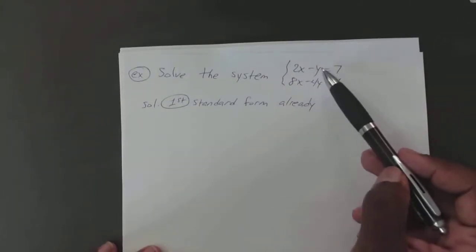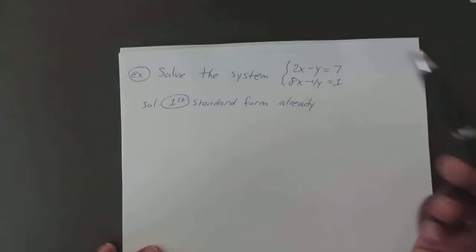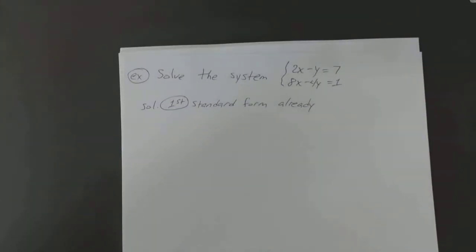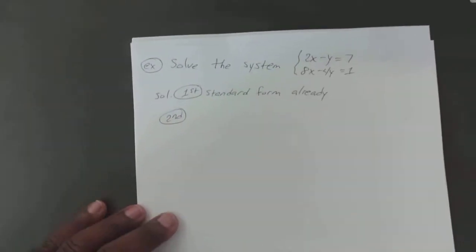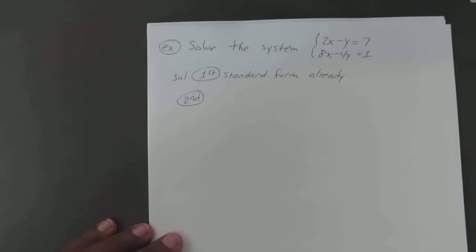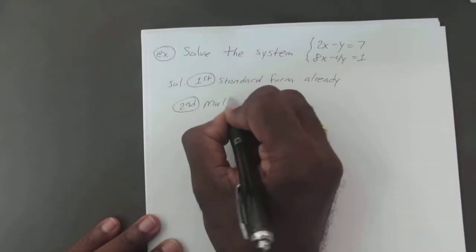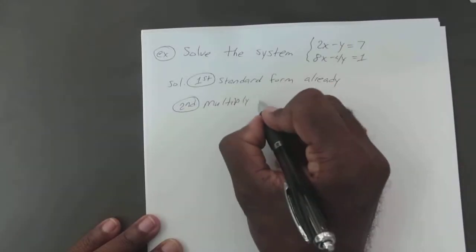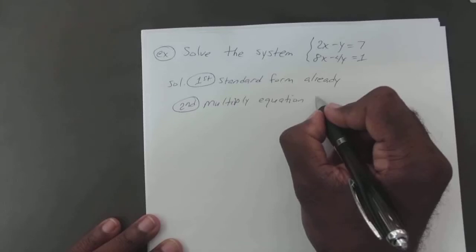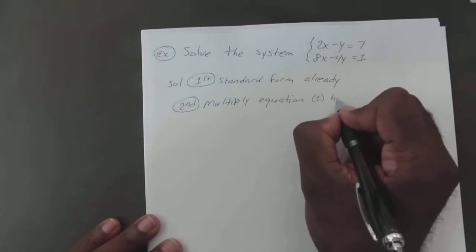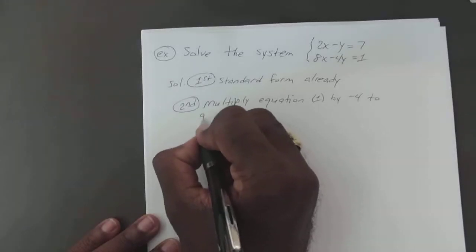Or what we could have done, we could have picked the y and got rid of this one by multiplying it, and it'll work out either way. Okay, so what we're going to do is we're going to multiply equation 1 by -4 to get rid of the x.